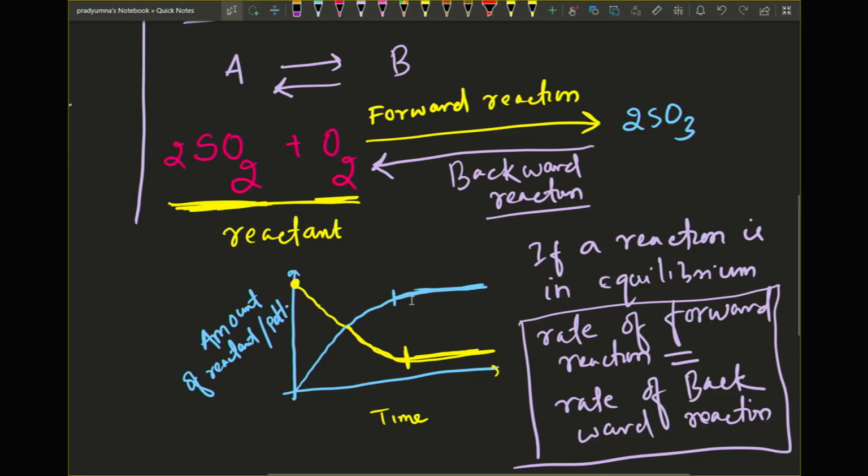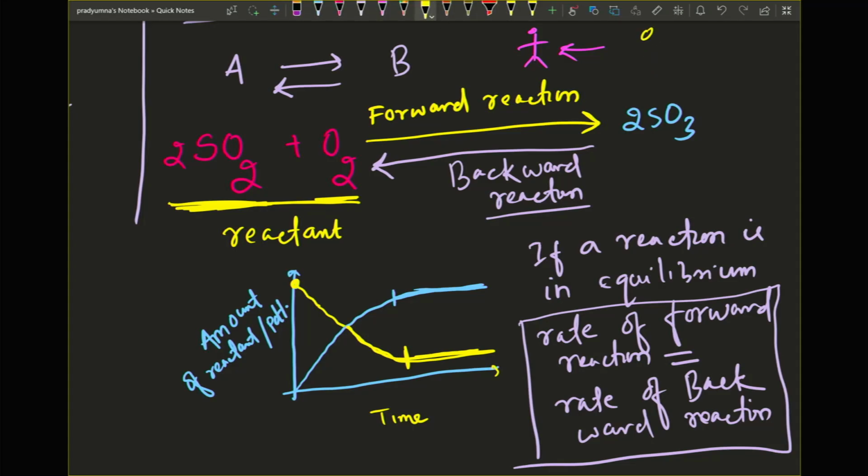You can see here the amount of reactant and the amount of product doesn't change, but the reaction is still continuing, it's still going on. What is happening is just that the forward reaction rate is matching the backward reaction rate. It's like someone is pulling to this side, and this person here is pulling to the other side.